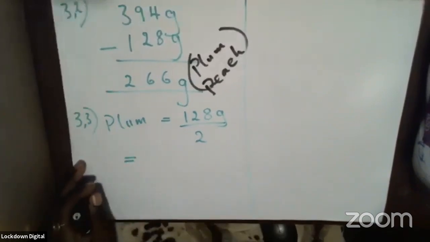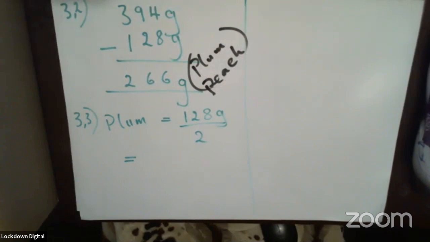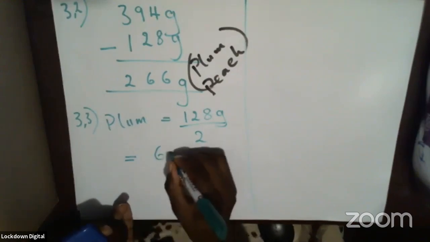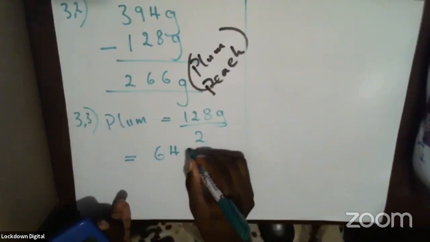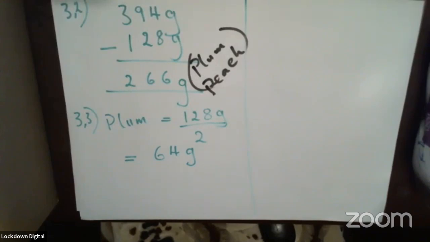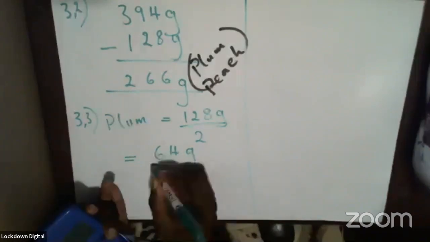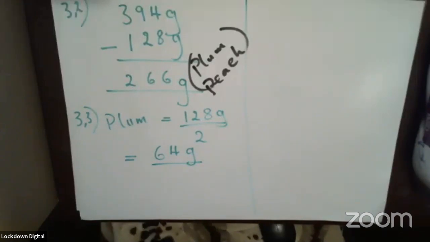This is the information we are provided. We are told that the mass of the plum is actually half. So we have 128 divided by 2, which will give us 64. So the mass of the plum is 64, right?